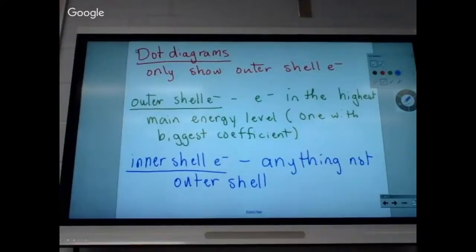There is only one outer shell. And if you're not it, you are by definition on the inner shell. Because some elements only have one ring. Catch up with me and I'll draw some. It makes a little more sense in pictures. I'm a visual person.